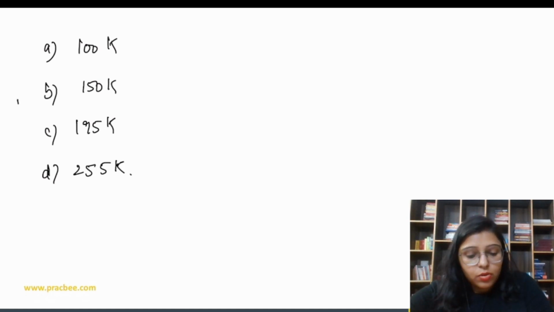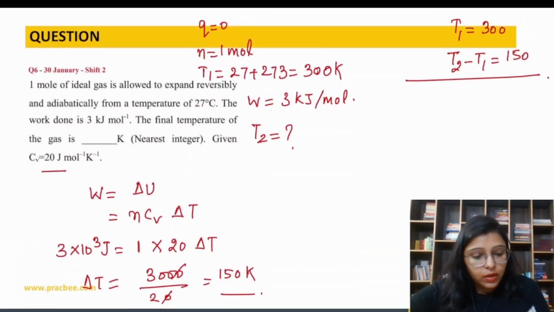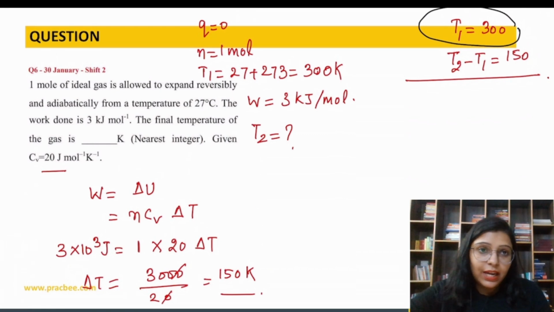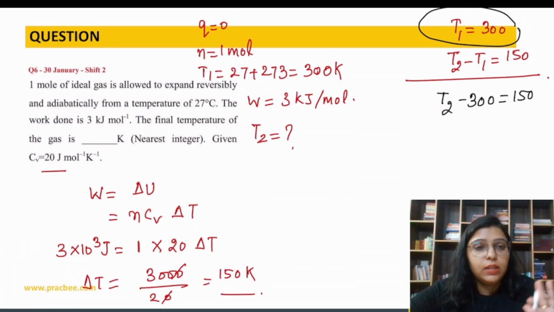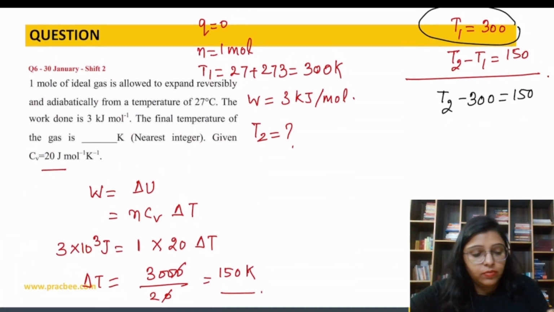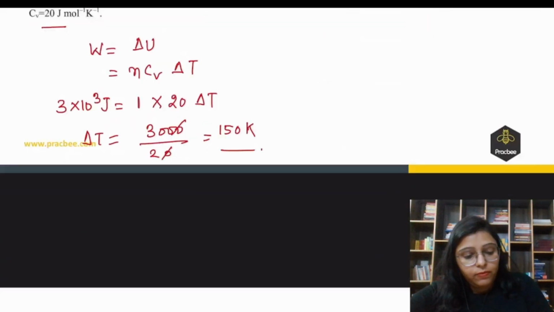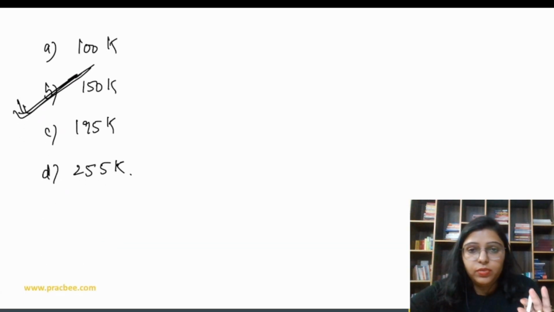What is the correct option? The answer is B, because the difference is 150 and the initial temperature is 300. So T2 minus 300, the difference should come to 150, so if we see the options, it should be 150.